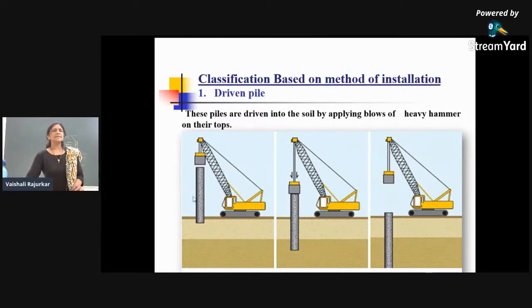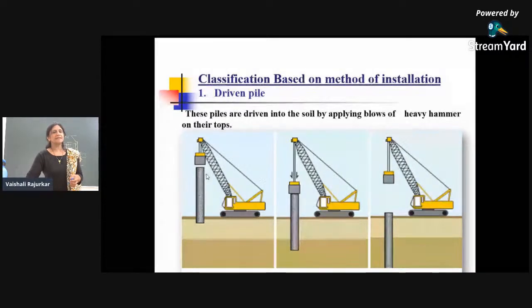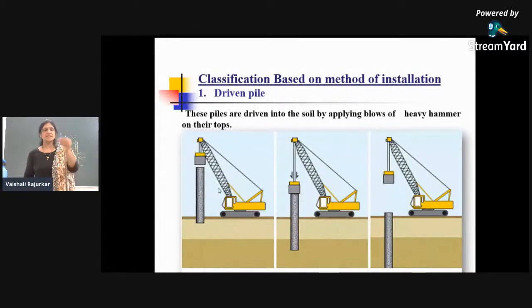You can see this is the precast pipe, which is being transported from the casting yard to the field. It is placed in its position, and then the energy is imparted with the help of a hammer at its top. While penetrating, a dolly or helmet is placed at the top of the pipe. Suppose this is the pipe.